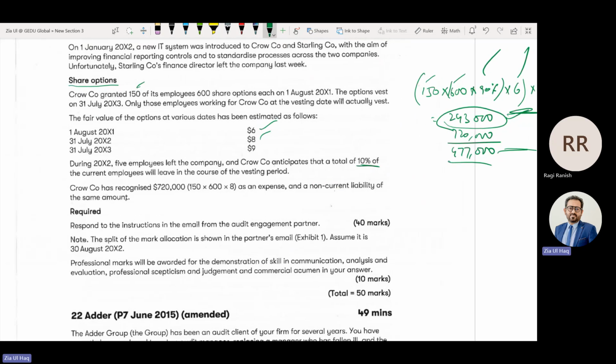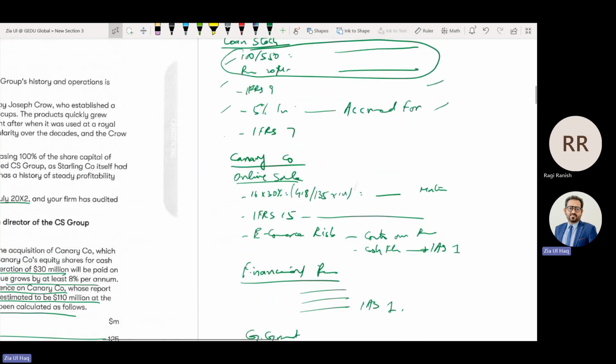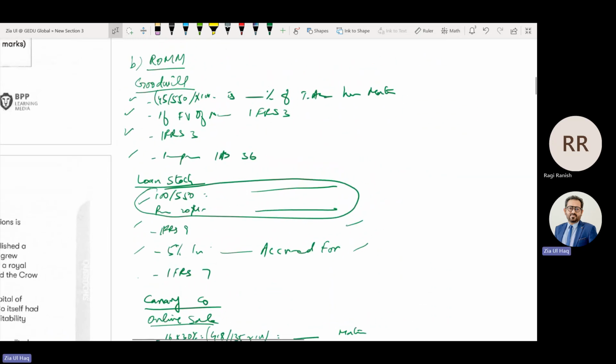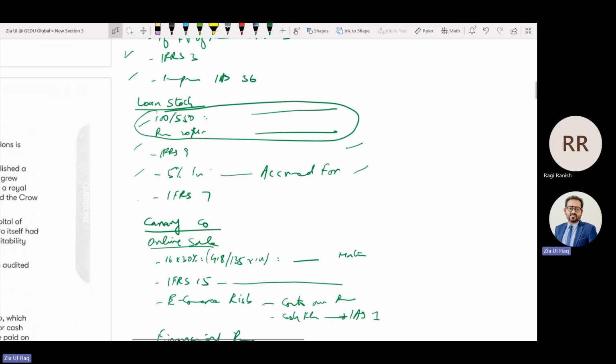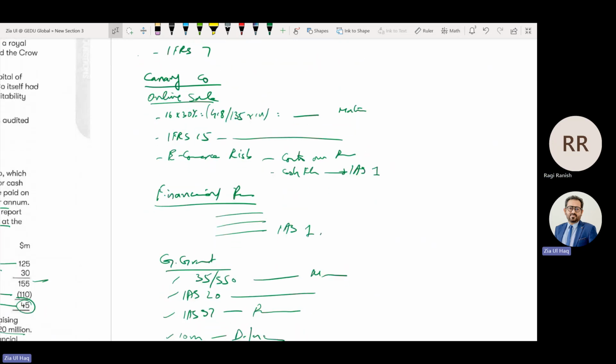Okay, Crow company has recognized, okay, finish. How many risks have we identified? Let's see, for 22 marks. If we look at goodwill, 1, 2, 3, 4. Loan stock, 1, 2, 3, 4, 5. Okay, consider it 4, 8 marks. Online sale, 1, 2, 3, 11.